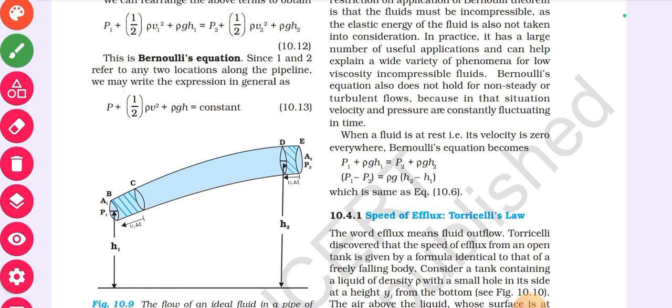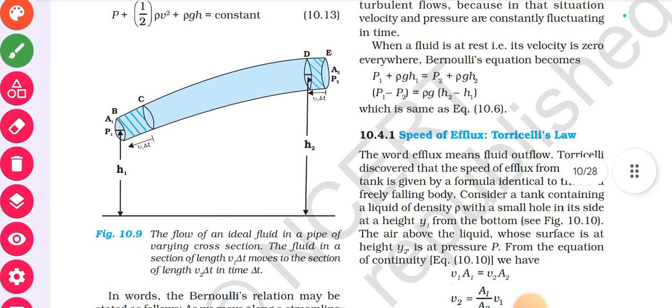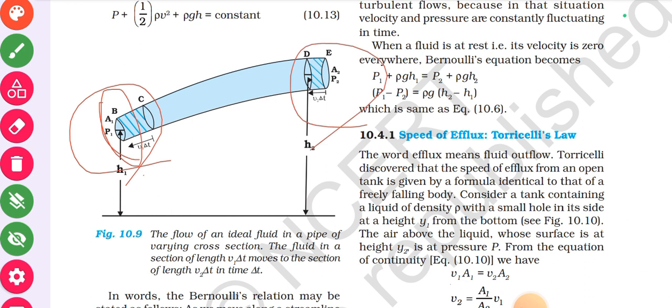Now just understand the total energy here. The energy will be pressure energy, kinetic energy per unit volume, and potential energy. The sum of all the energies at any point here and here will be equal. This is Bernoulli's principle. So what is the statement?